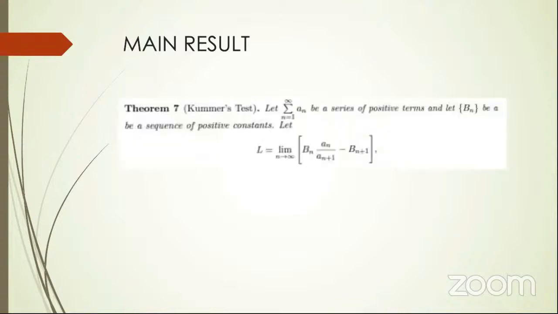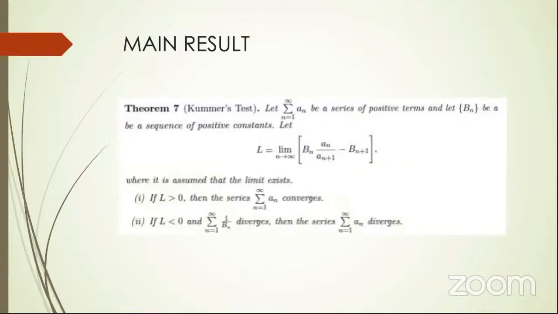So Kummer's test states that given a series of positive terms and a sequence of positive constants b sub n and a limit L as shown here, where it is assumed that it exists, then if the limit is greater than 0, the series converges.